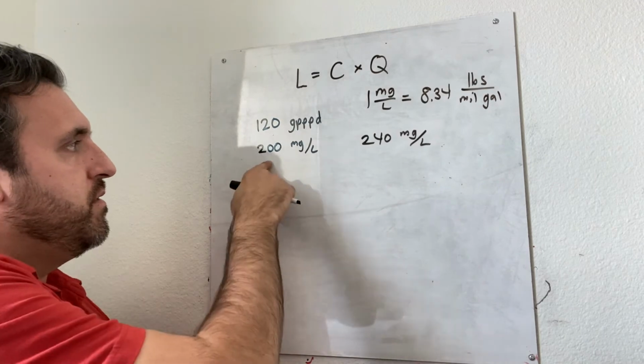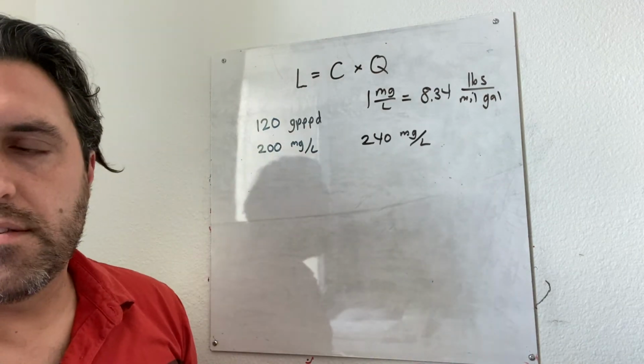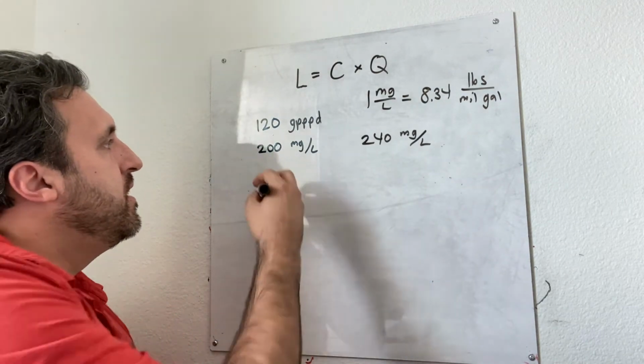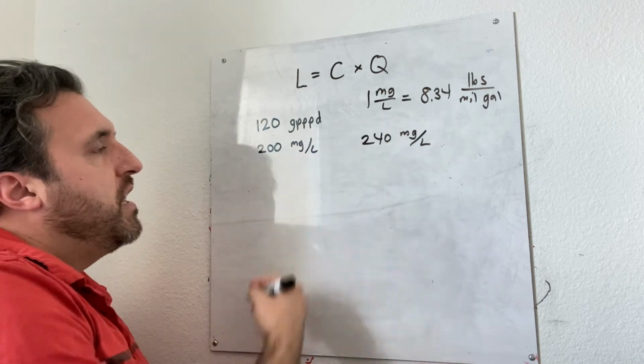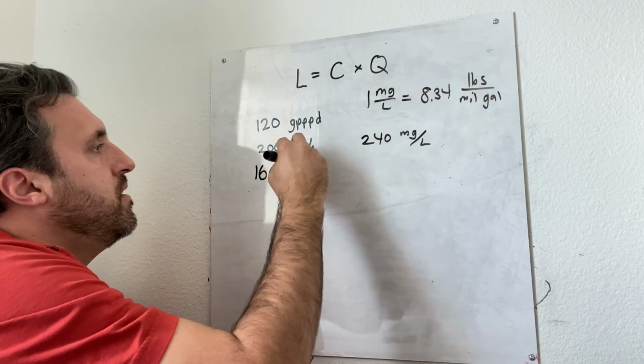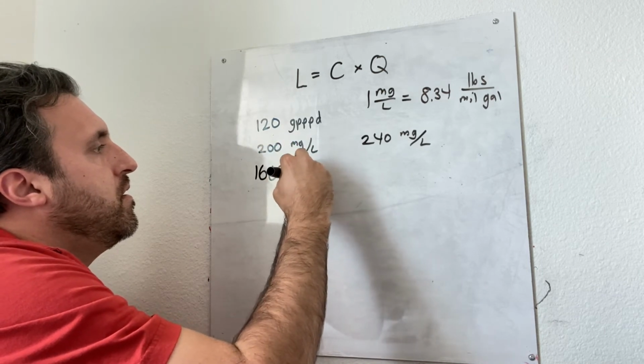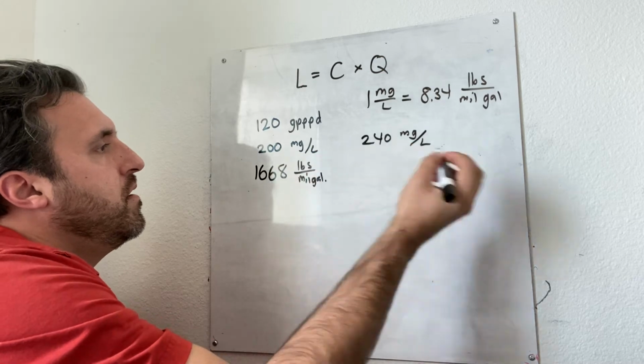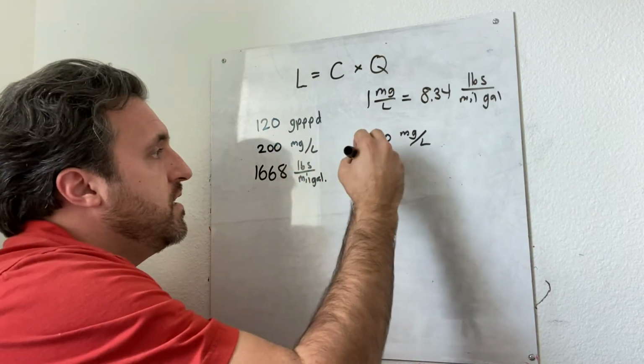Okay, so if we convert these two concentrations to pounds per million gallon, we would multiply them by 8.34 and we get 1668 and 2002.